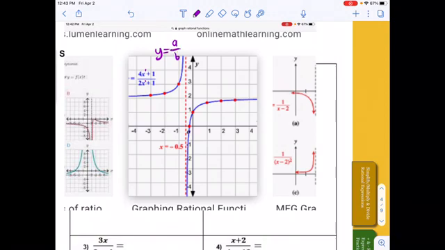It just means the coefficient in front of your term that is the degree is what a and b are. So when they are the same, you're going to look at this 4 and 2. So y is going to equal 4 over 2, or y is going to equal 2. And if you look here, that horizontal asymptote is at y equals 2. So that is how you can find those.